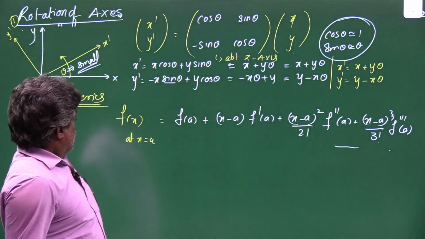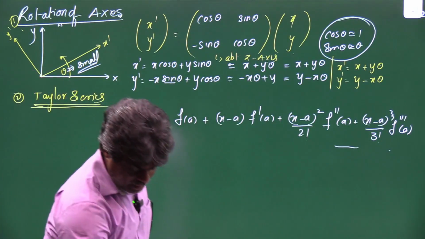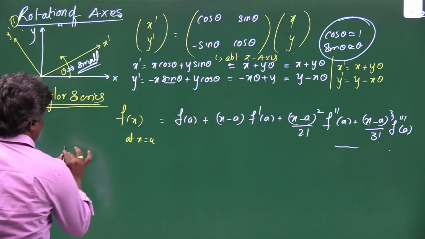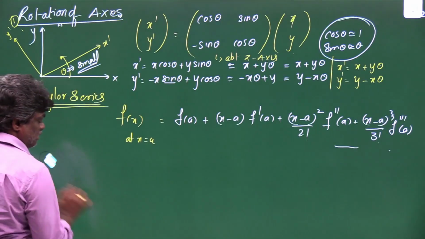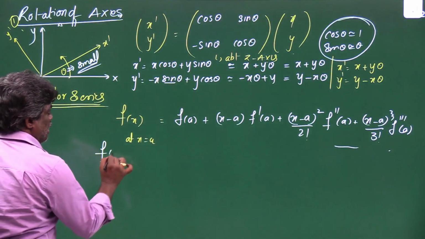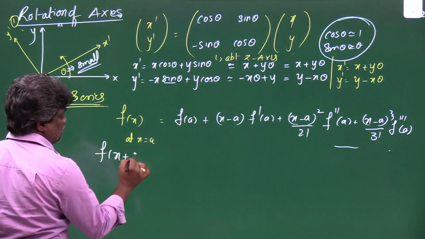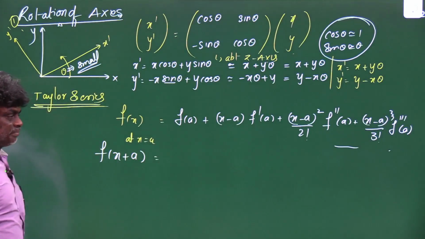Okay. So there is one more Taylor series, that is f of x plus a. So this is very important. I am not expanding f of x, I am expanding f of x plus a.